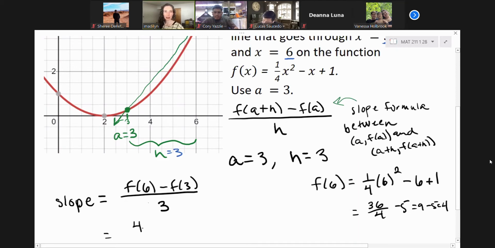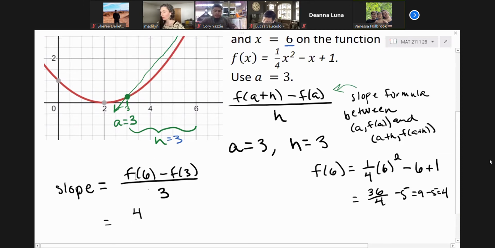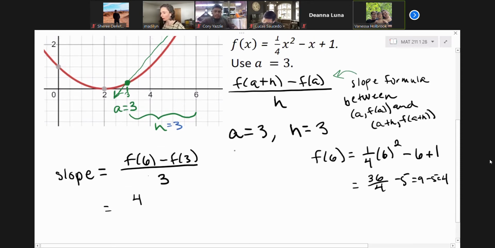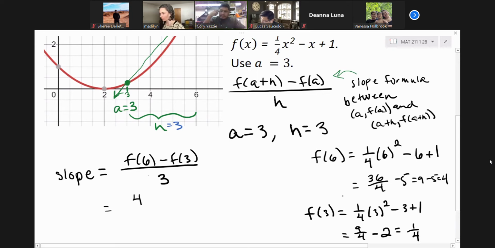So plugging in 6, we get f of 6 is 4. And then we would also have to plug in f of 3. Did you get a quarter for that one? F of 3? Yes. Okay.